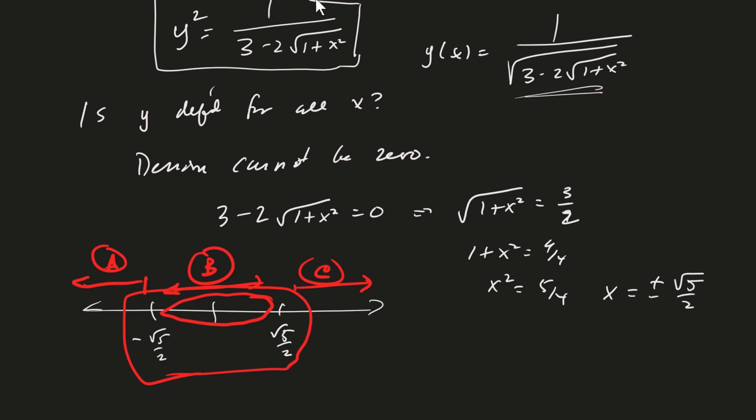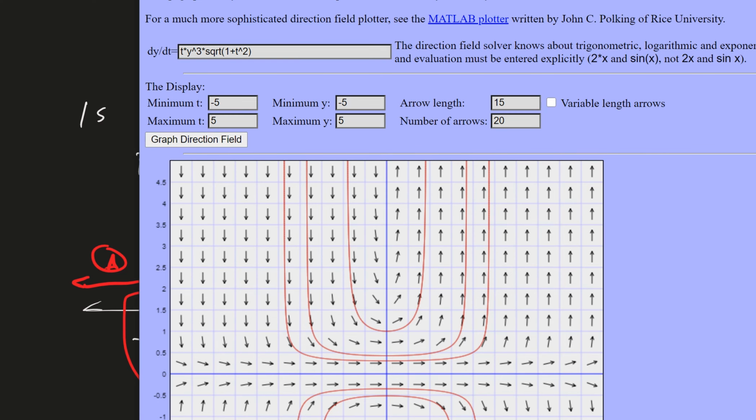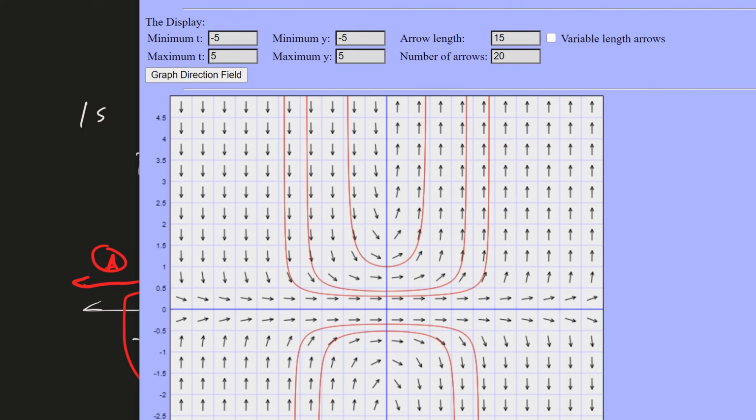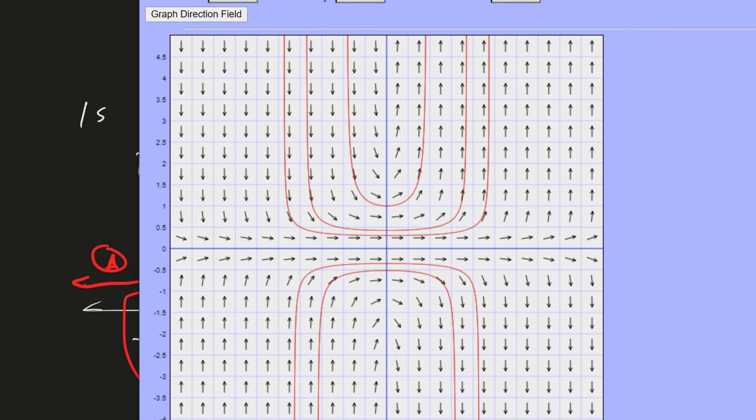Good. So, before we go, I know I'm running short of time, but let's take a look at the direction field for this, just for fun. That's actually part C. This is the direction field from the online plotter, and we're starting at this point right here. You can see that the solution for y does not exist along this curve for all x.